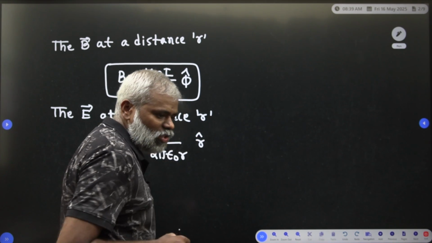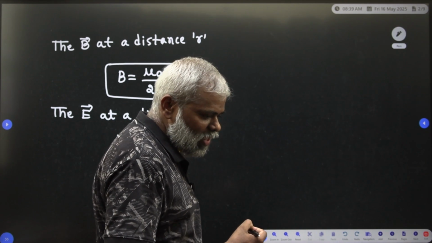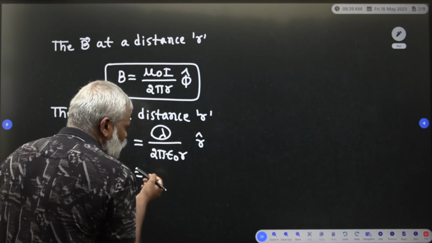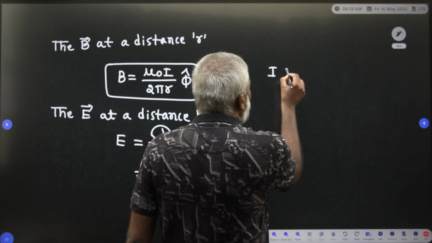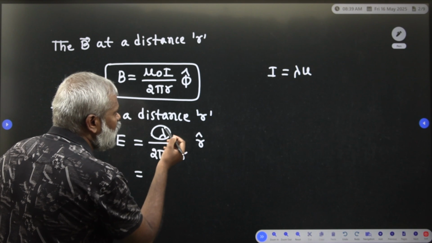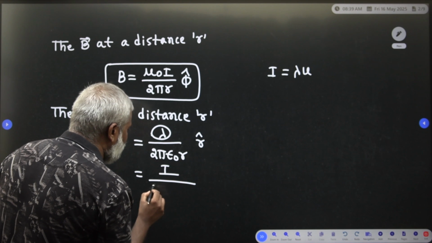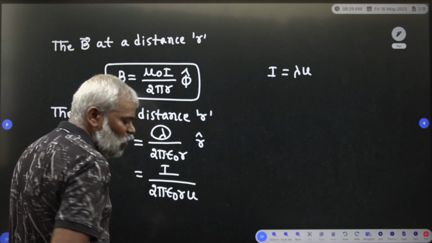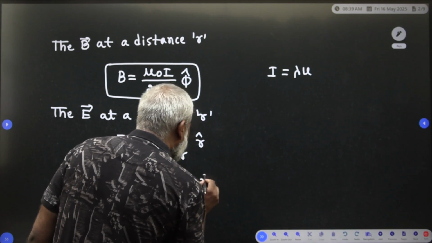Since I is equal to lambda into u, lambda is equal to I divided by u, so we substitute here: the electric field is I divided by 2 pi epsilon naught r u, in which direction?